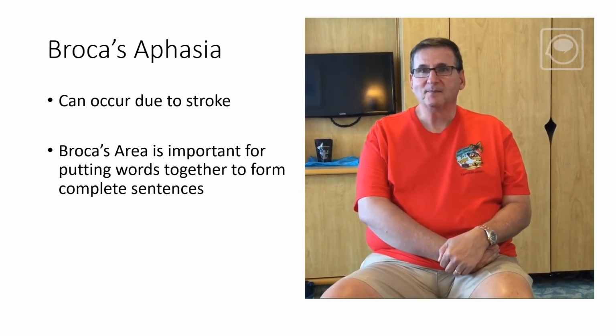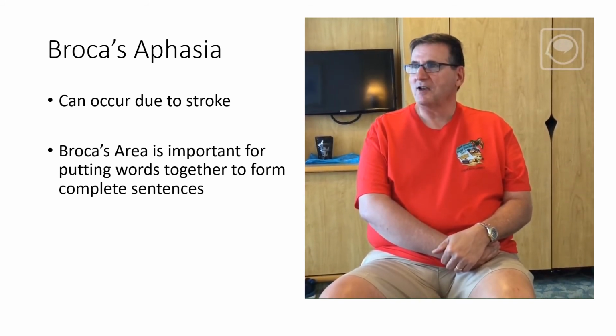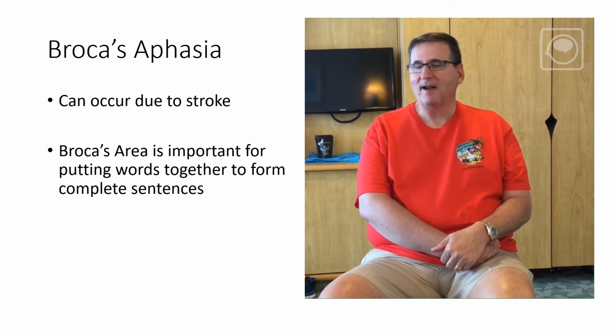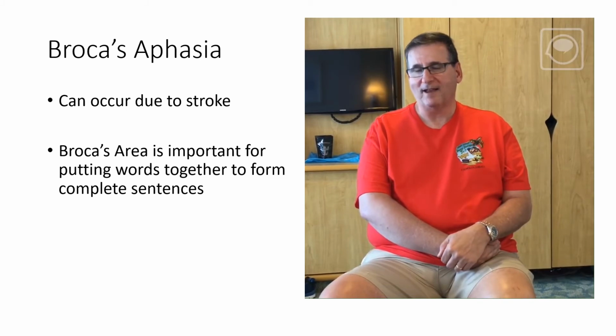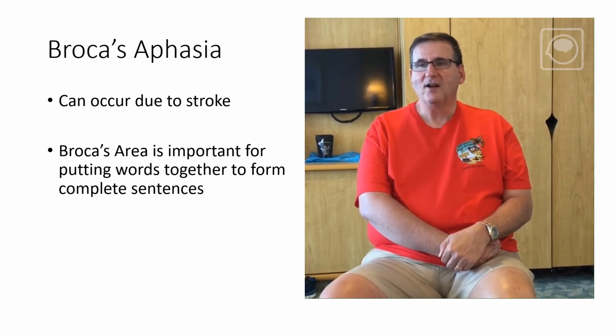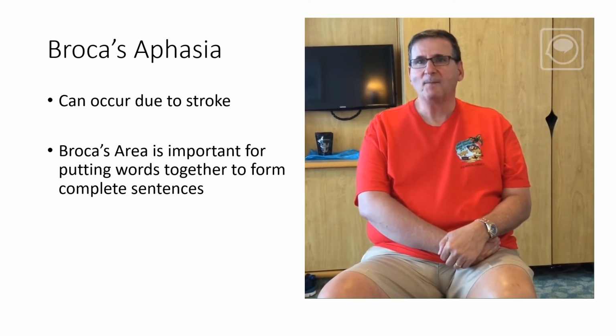Okay, and who are you looking at over there when you turn your head? That's my wife. Okay, and why is she helping you to talk? She's a speech. So you have trouble with your speech? Yeah. And what's that called? Aphasia.